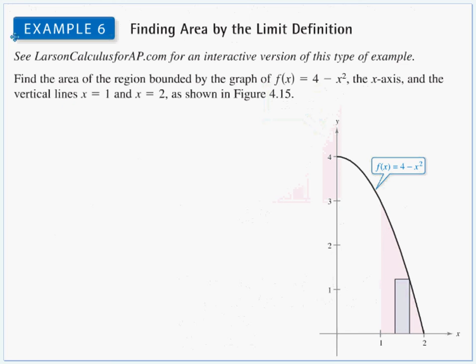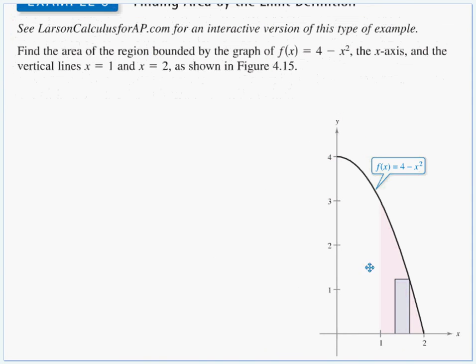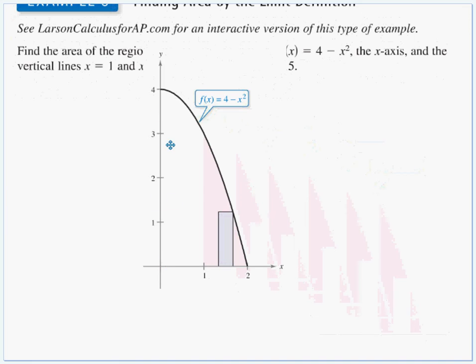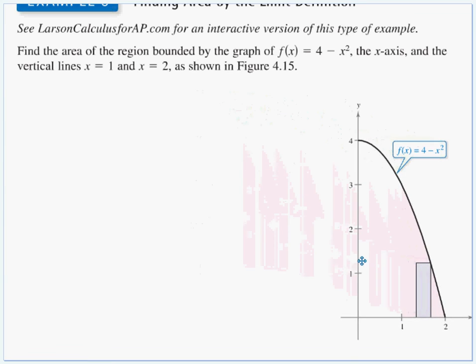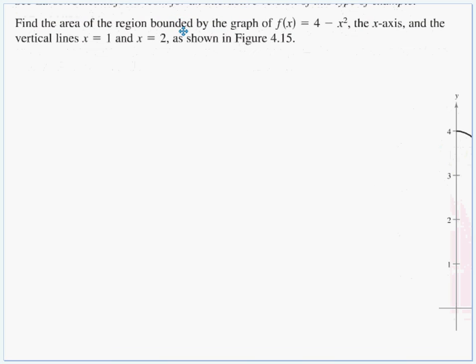Example 6. Now it's also finding area by a limit definition. The big thing here is we're not starting at 0. So our left endpoint isn't just going to be our delta x times our i. We've got to account for this gap in between the y-axis and when we begin to accumulate our area under the curve.